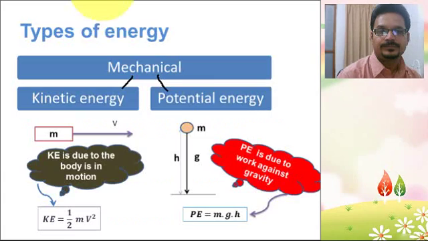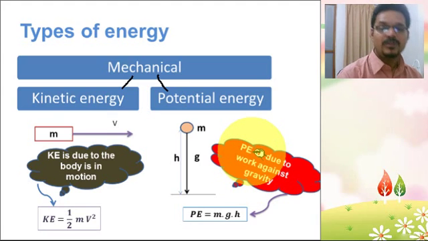Potential energy, the second part of mechanical energy. Potential energy is the energy due to work against gravity. Gravity means gravitational force. If any body is moving against gravity, then we can say the body has potential energy. And one more definition is also there. Potential energy is the energy stored inside the body.